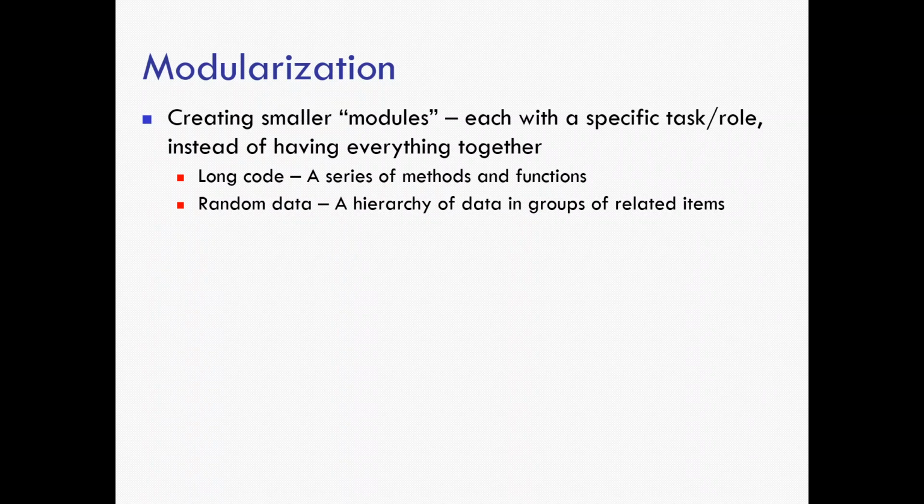And we also have to deal with random data. We don't necessarily know what the data is going to look like. We may have a list of 5 numbers, we may have a list of 4 billion numbers. Modular code allows you to abstract away things so you can just deal with it. You can hierarchically group your data into related groups and put in related items.